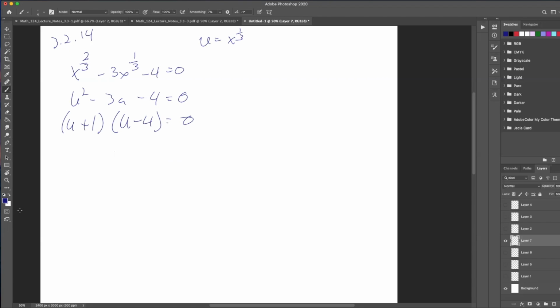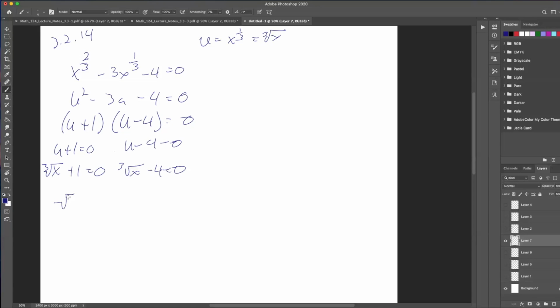That's how this one factors. So I'll have u plus 1 equal to 0, u minus 4 equal to 0. Plug in what u is: x to the 1/3 is the same thing as the cubic root, so let's just use the cubic root. The cubic root of x plus 1 is equal to 0, and the cubic root of x minus 4 is equal to 0.